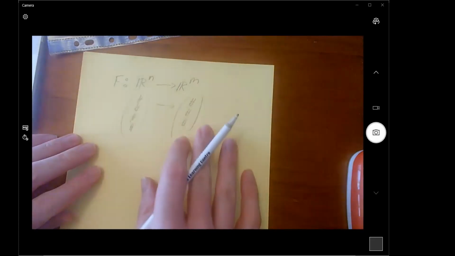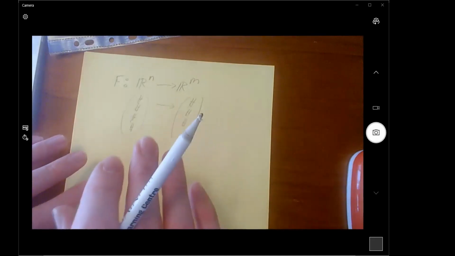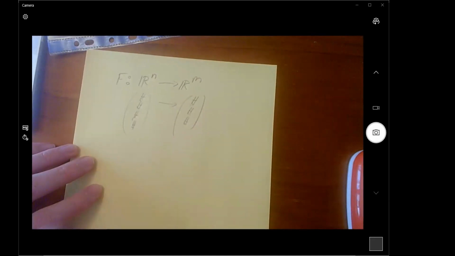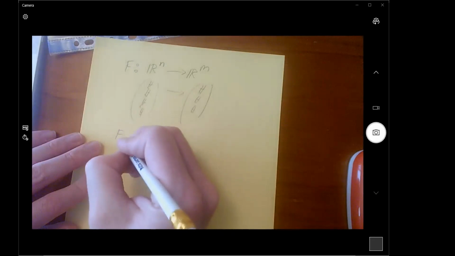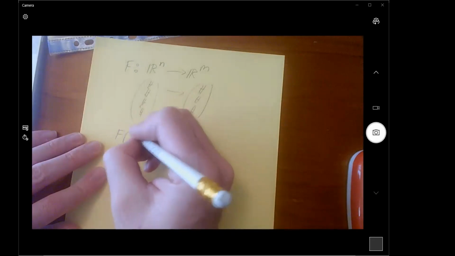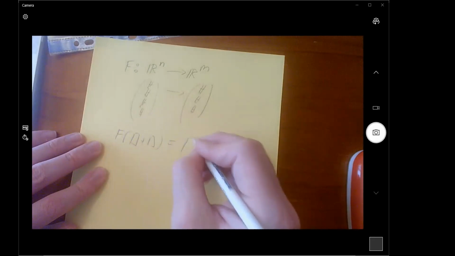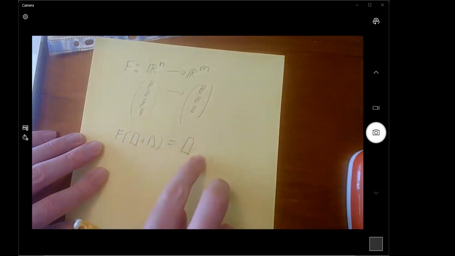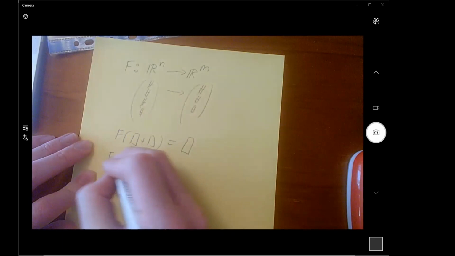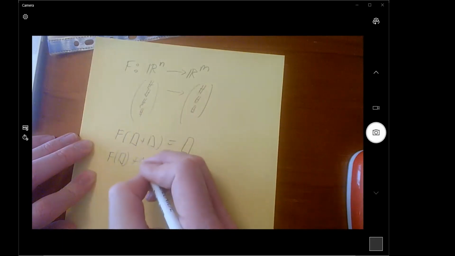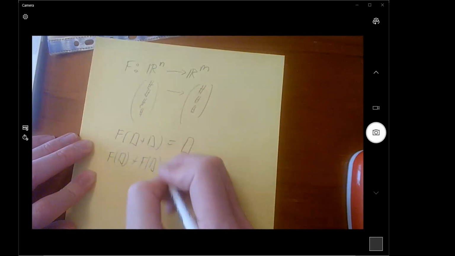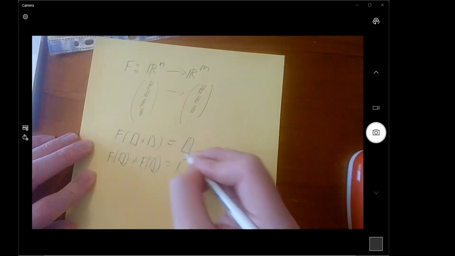So, linear transformation. It's called linear when, if you add things together before you put them through the function, you get an answer. If you figured them out first and then added them together, you would get the same answer.